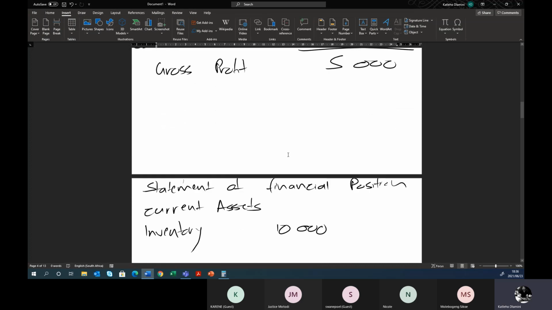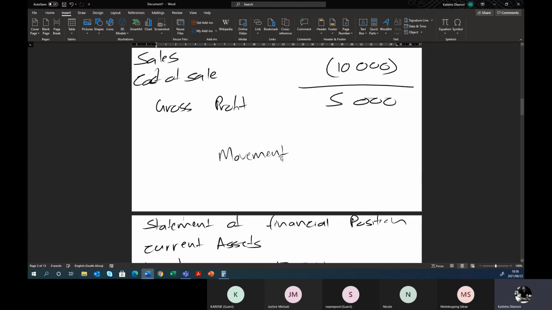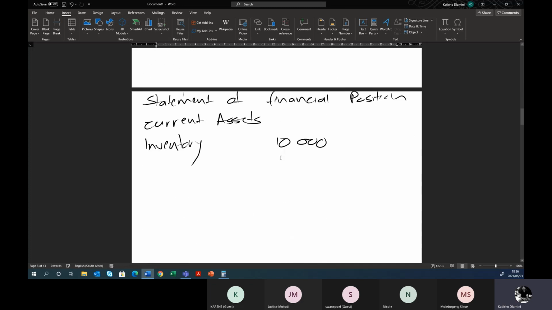One thing before I do move on. Your statement of profit and loss and other comprehensive income shows the movement, so this is the movement per year or per month or per 6 months, whatever. Your statement of financial position shows the balance. It used to be called the balance sheet. It shows the position, how much we have right now.